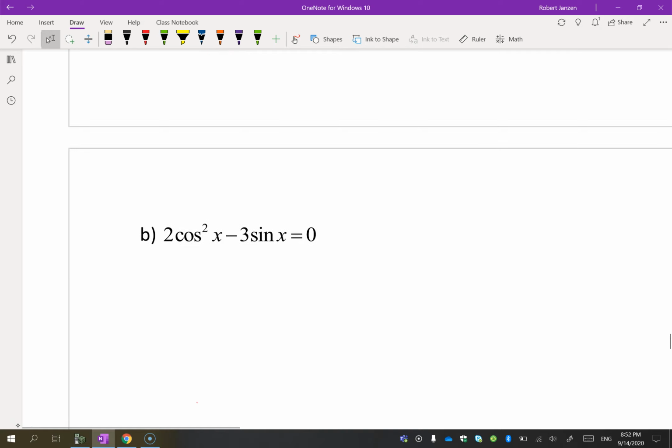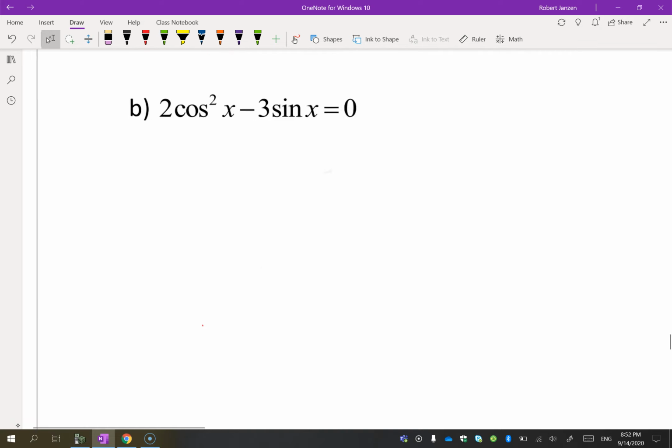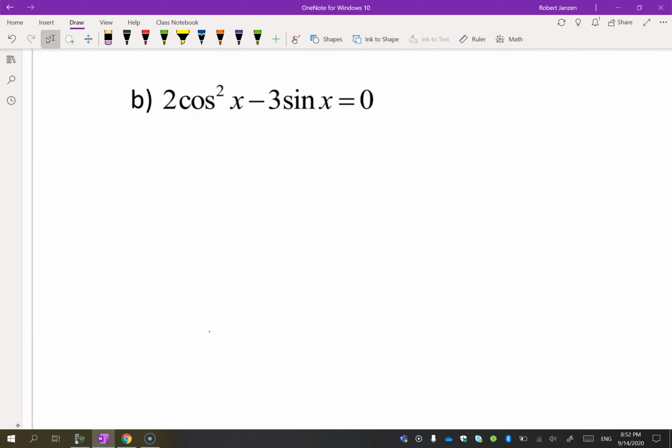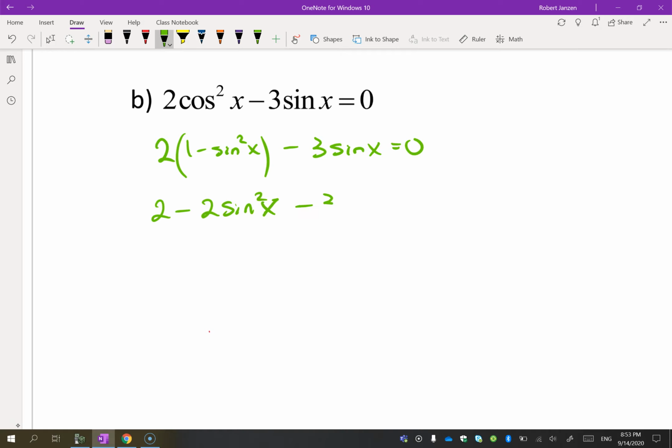Okay, so you try this one now that you know what you have to do. Are you going to substitute for here or for here? Well, cos squared is 1 minus sine squared. So I get 2 minus 2 sine squared minus 3 sine.